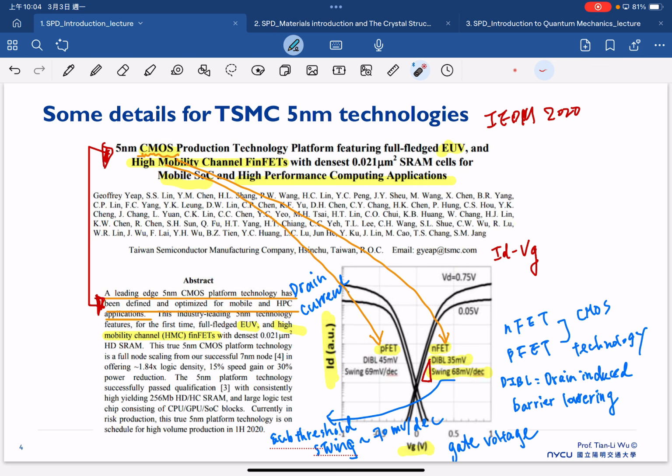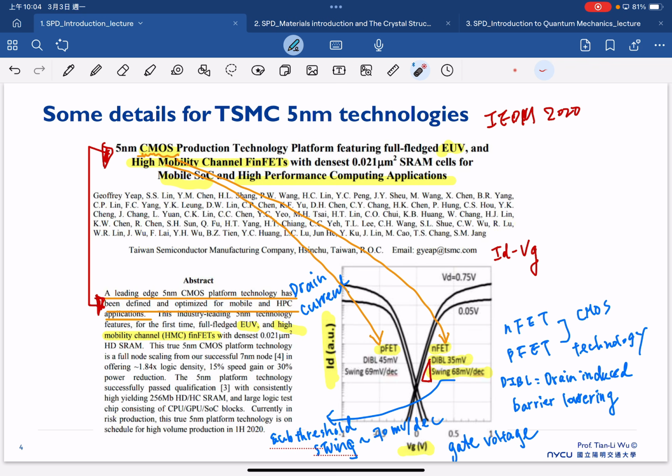So it's very difficult to keep the SS as low as possible. In the introduction two weeks ago, in the fourth slide, I already mentioned that this is a key characteristic that we will look at over and over again.